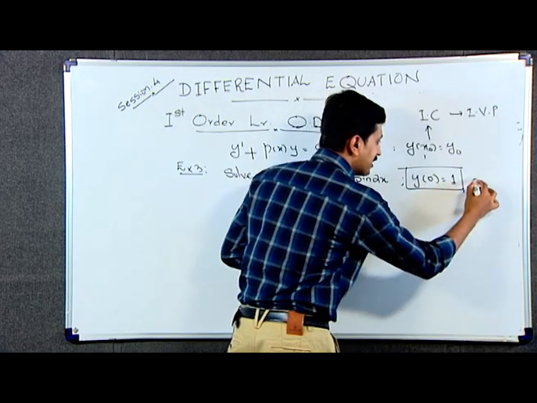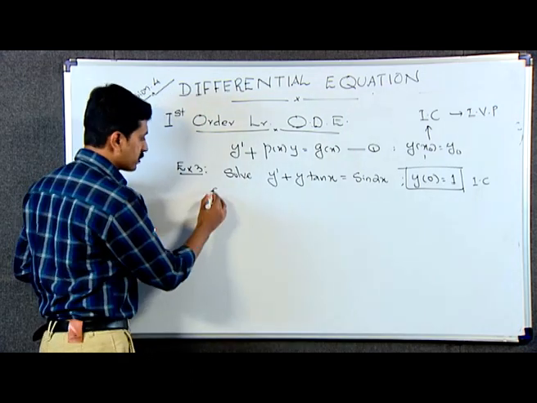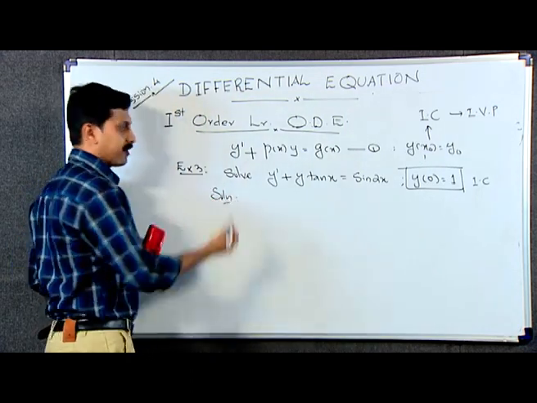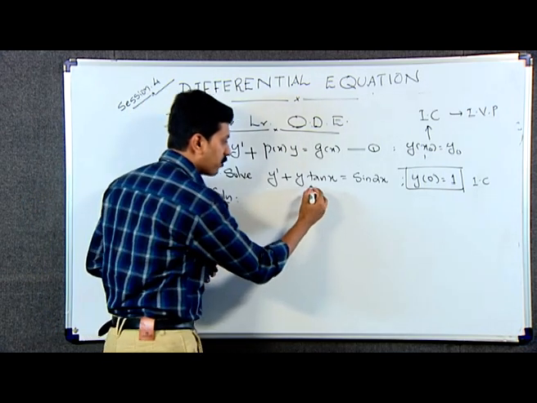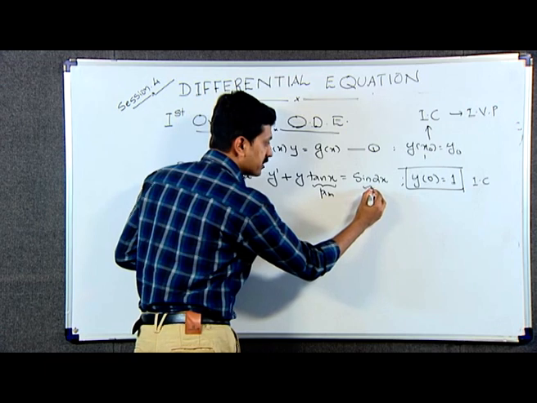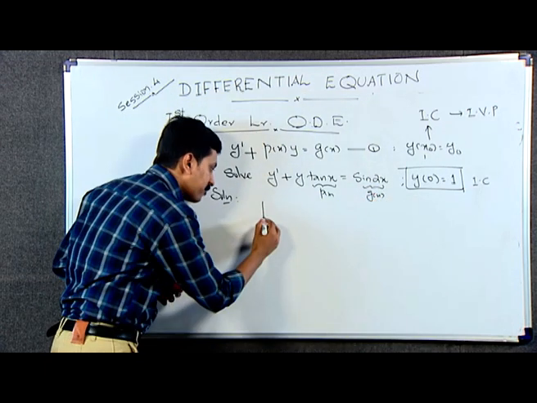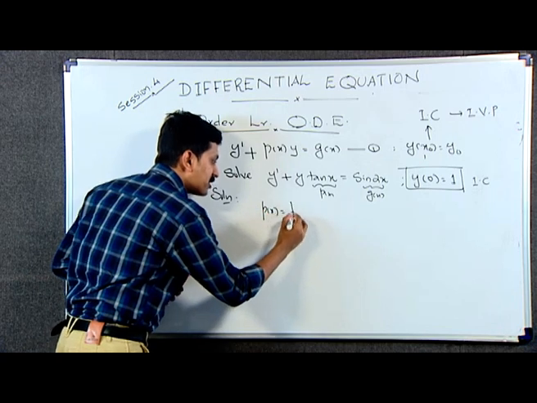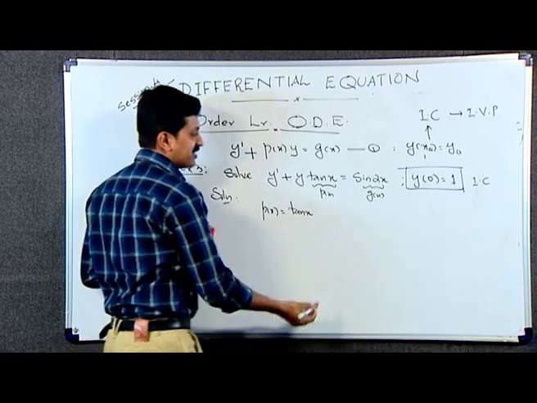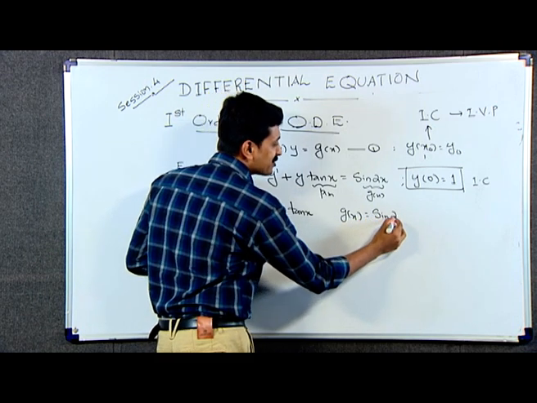This is the initial condition in this question. While solving this differential equation, this is the coefficient function of y, that is p(x), and this is g(x). Therefore, we have p(x) = tan x and g(x) = sin 2x.